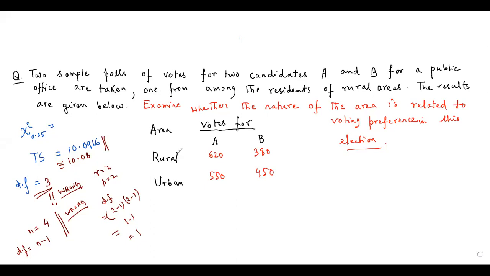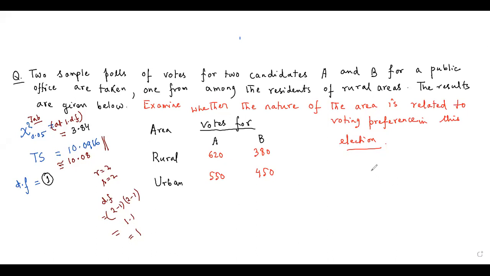I'm asking the tabulated value at 5% level of significance at 1 degree of freedom. Okay, so they are writing that the tabulated value is 3.84.